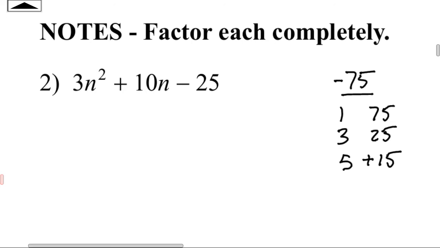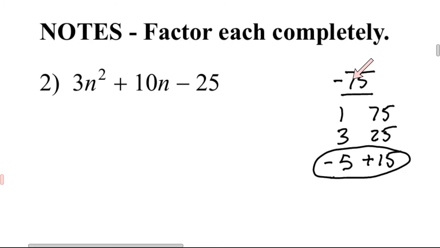Because what is positive 15 take away 5? It is a positive 10. So these two numbers, once again, multiply to make this number, which was 3 times negative 25. So they multiply to make that, and they add to make the middle. So then, the whole point of that was just to take this middle term, and we're going to rewrite it using those two new terms.